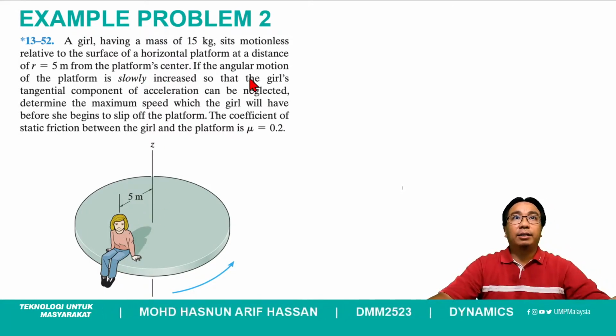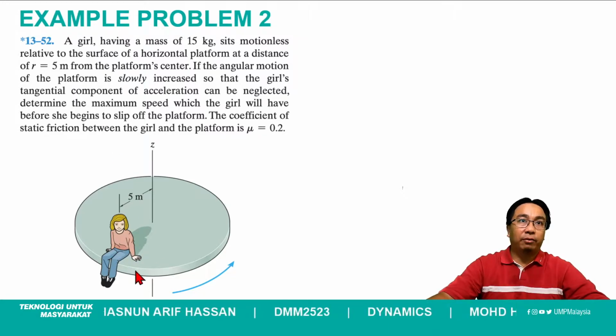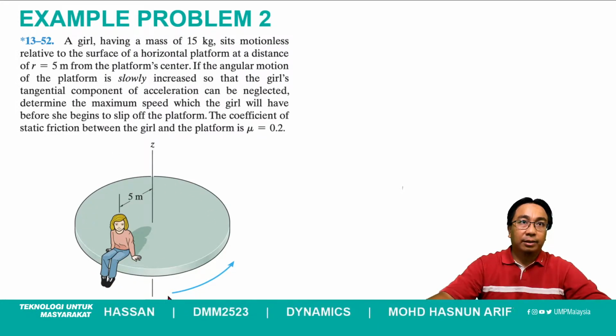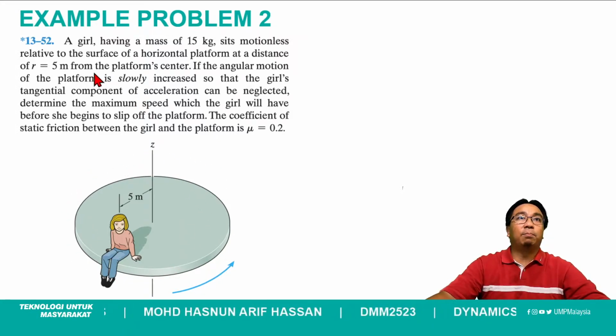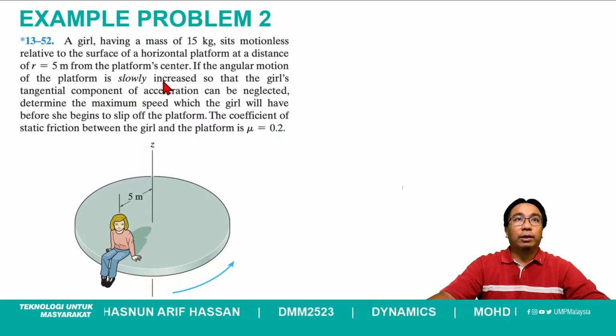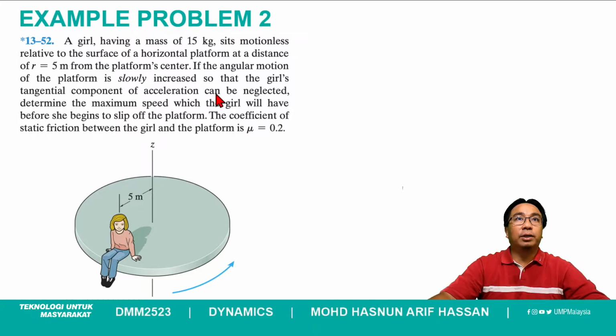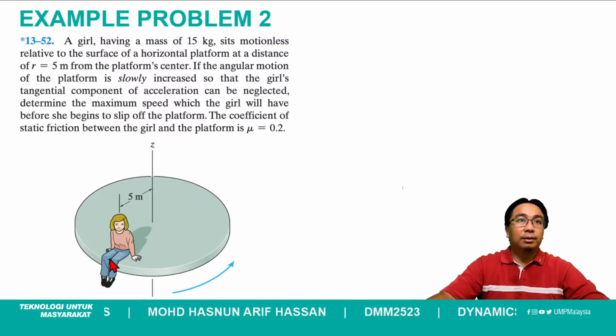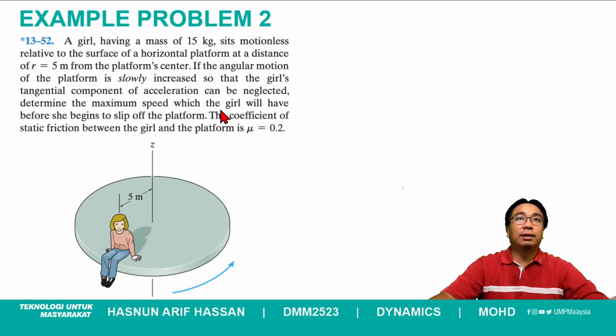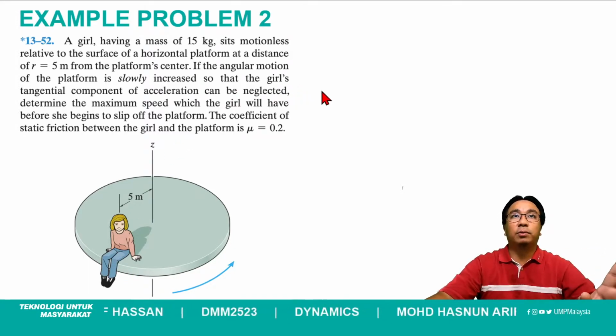If the angular motion of the platform, so the platform is rotating. You see the blue arrow showing the rotation of the circular platform. It is rotating slowly, increasing, so that the girl's tangential component can be neglected. It says the tangential component of the acceleration of the girl can be neglected. So we can assume it equals 0.